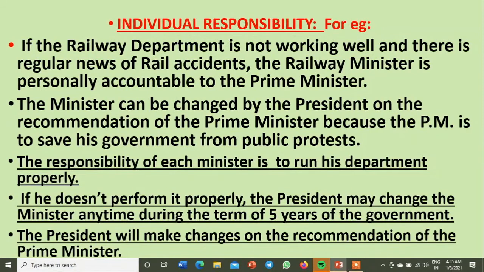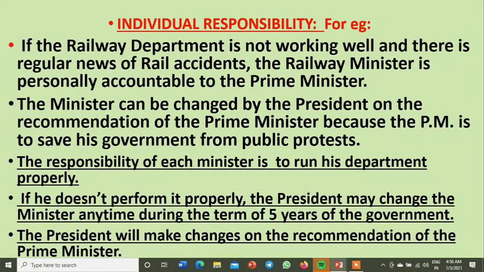The next is individual responsibility. The example is, if the railway department is not working well and there is regular news of rail accidents, the railway minister is personally accountable to the prime minister. Students, here I am telling you, personally accountable to the prime minister. The minister can be changed by the president on the recommendation of the prime minister because the prime minister has to save his government from public protest.